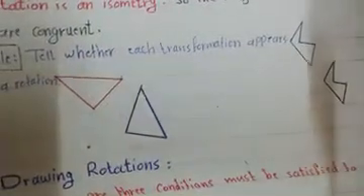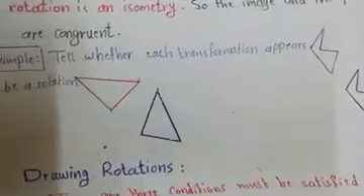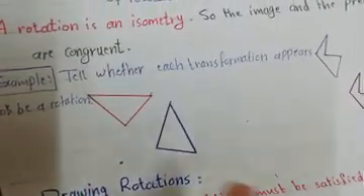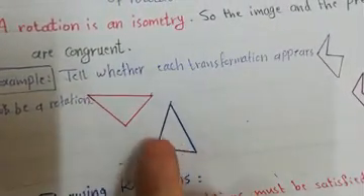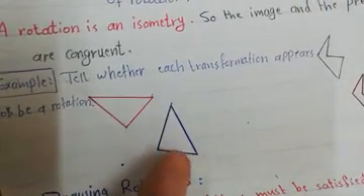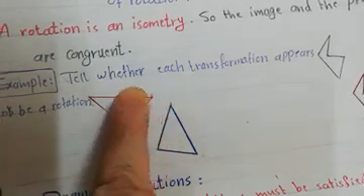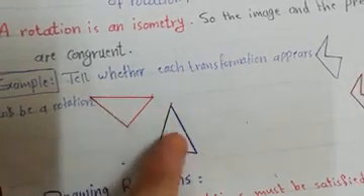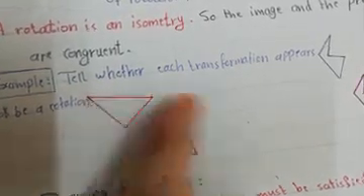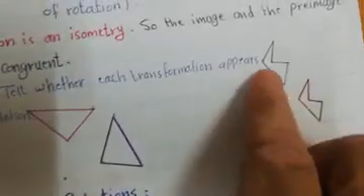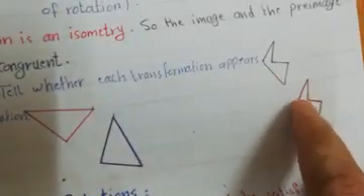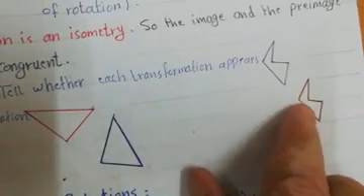Okay. Now let us go to our example. Does this appear to be a rotation or no? I think yes, it is, because if you move this in a circular path, they will be congruent to each other. Does this appear to be a rotation? I don't think so.